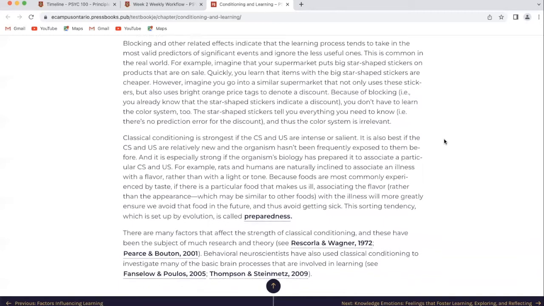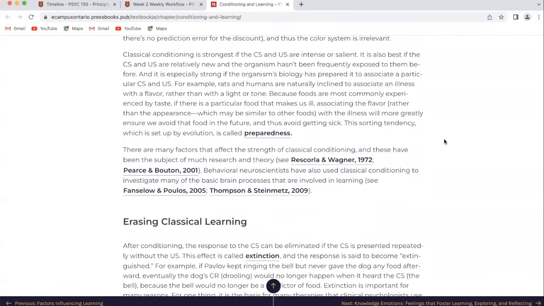For example, rats and humans are naturally inclined to associate an illness with a flavor rather than with a light or a tone, because foods are most commonly experienced by taste. If there is a particular food that makes us ill, associating the flavor, rather than the appearance, which may be similar to other foods, with the illness will more greatly ensure we avoid that food in the future and thus avoid getting sick. This sort of tendency, which is set up by evolution, is called preparedness.